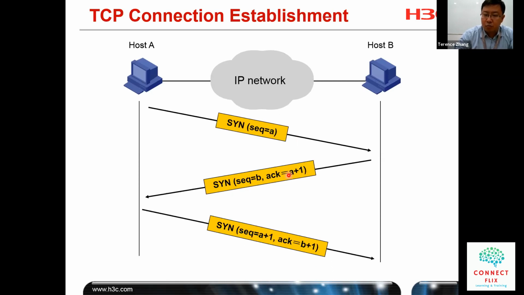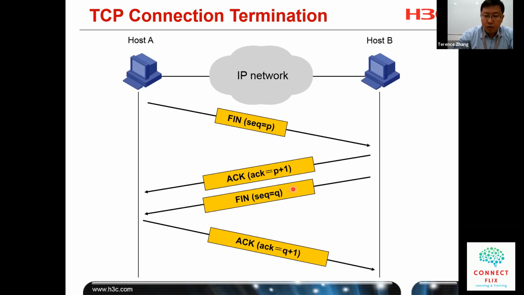So the flag is important. During the connection building, it is all SYN, but ACK is also used. But during the termination of the connection, they use 2 different kinds of flags. One is FIN, the other is ACK, right? They all have their own flags, sequence and ACK.